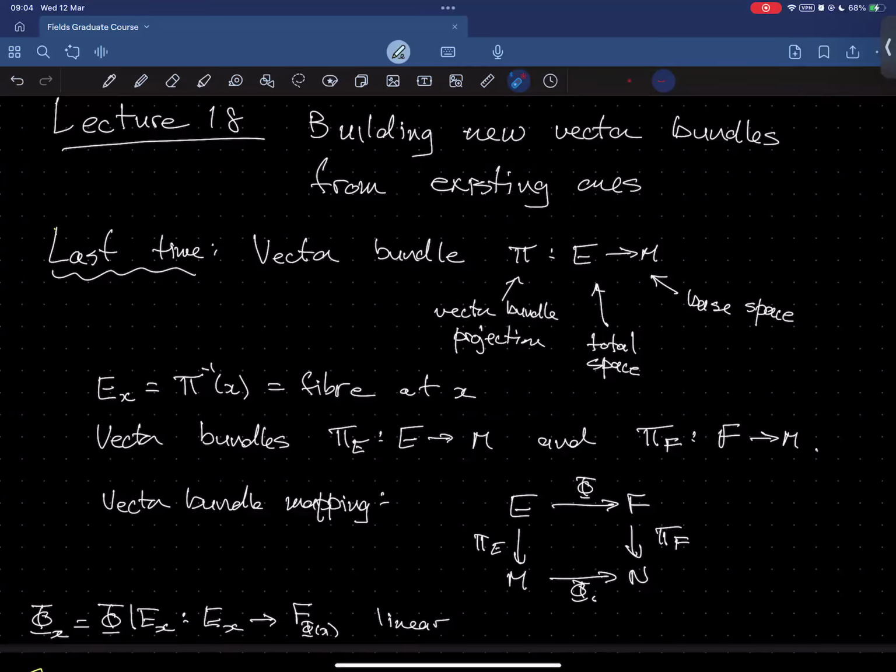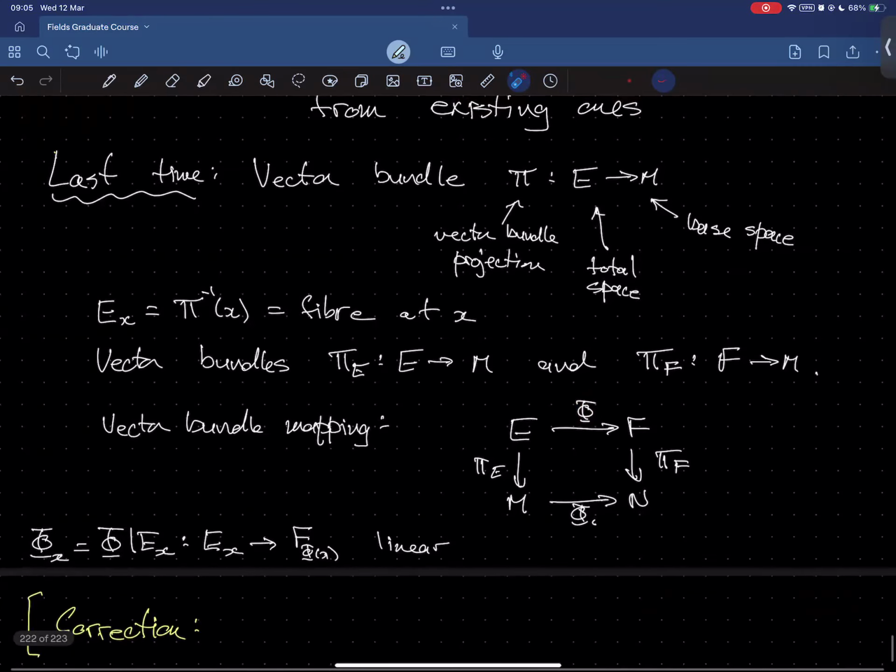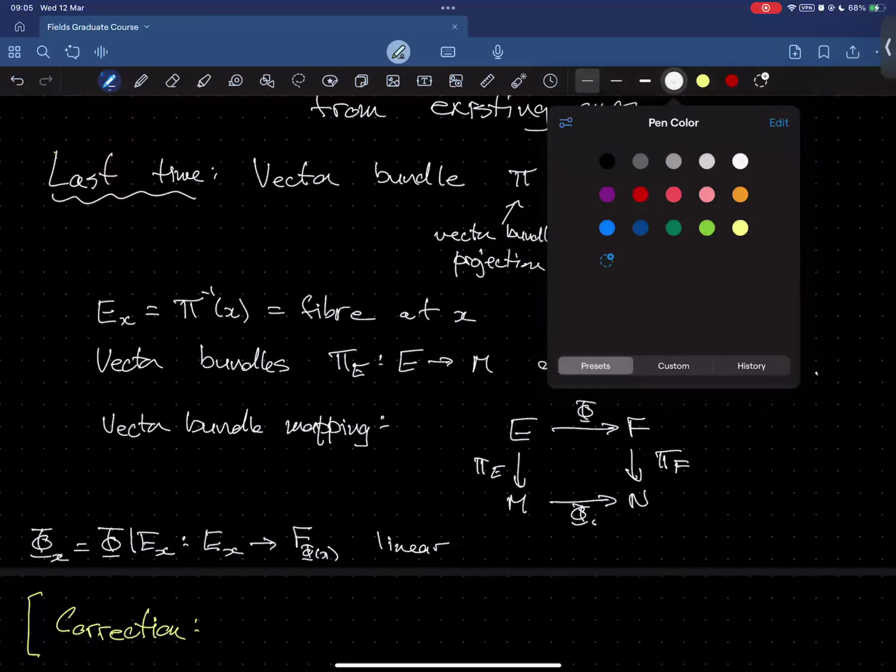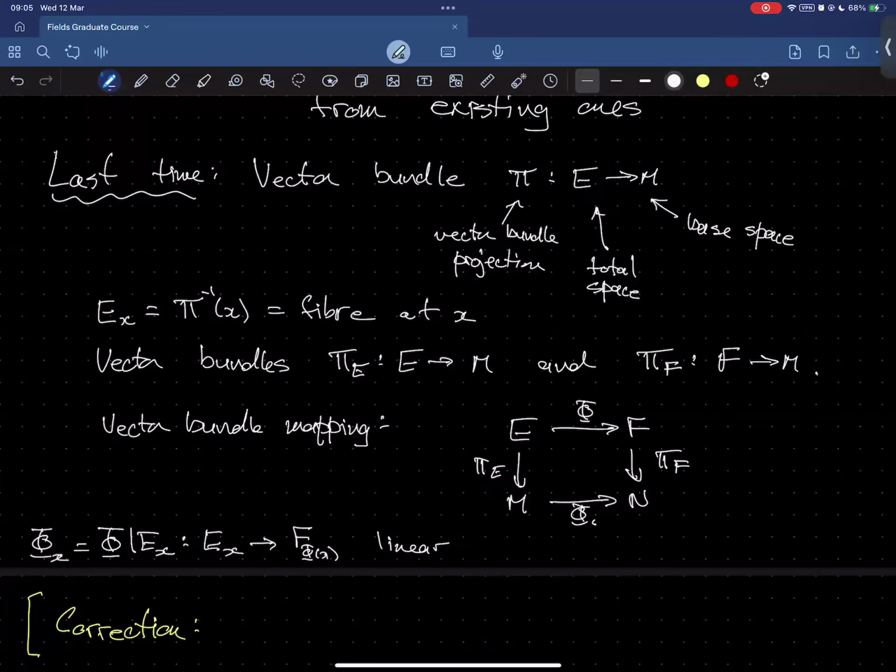Okay, and then at the end, we defined the notion of a vector bundle mapping. So we have two vector bundles. And then a vector bundle mapping is most easily represented by a diagram. So I have, first of all, a mapping phi, which maps the total space of E to the total space of F. And this mapping induces on the base spaces a mapping which I call phi naught. Okay.